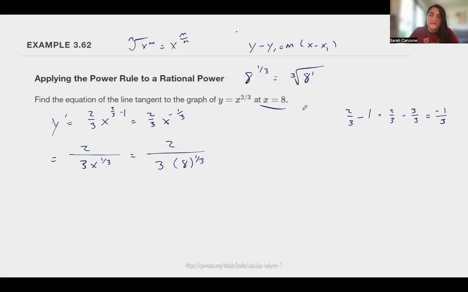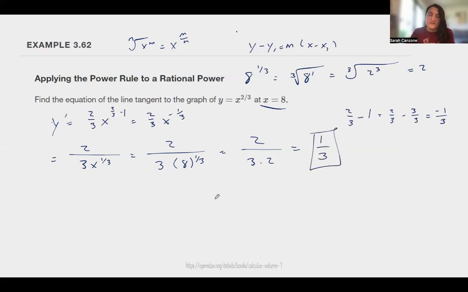So this is actually asking for the third root of 8, which, if you remember from your algebra rules, says that you need 3 of some number under the radical to be able to pull it out from under the radical. And in fact, 8 you can write as 2 cubed. And so therefore, the cube root of 8 is just going to be 2. And so this is 2 over 3 times 2, which when you cancel out your 2's is just 1/3.